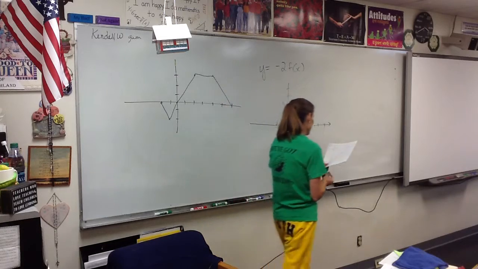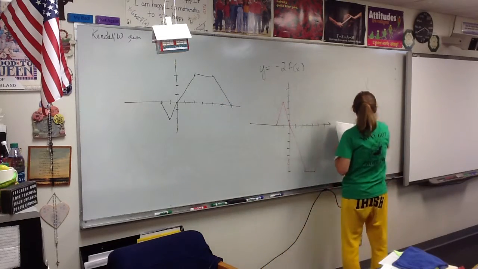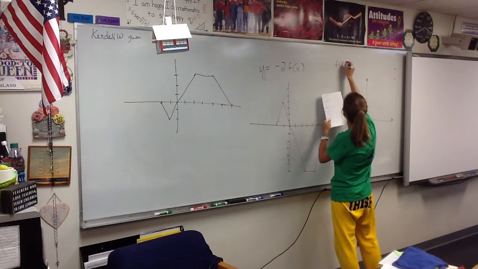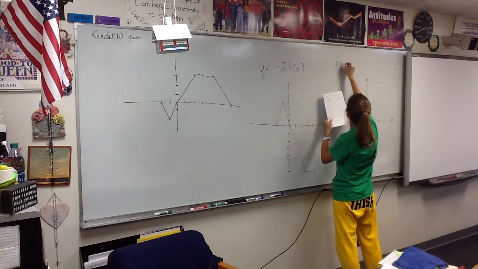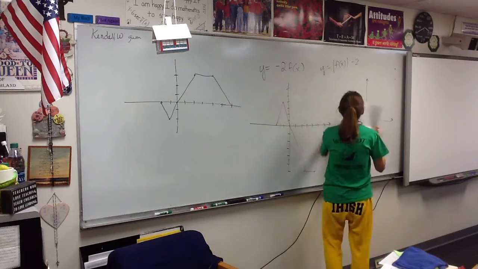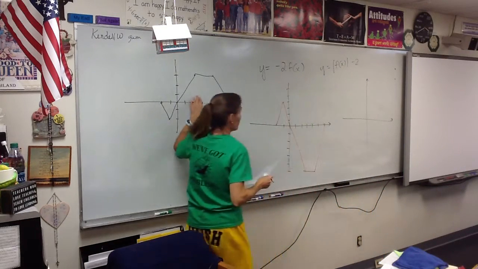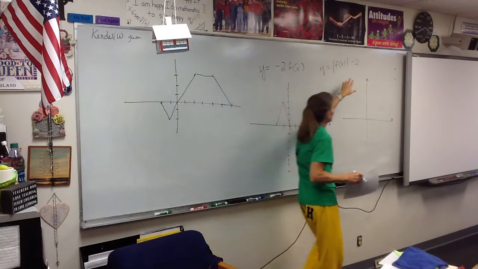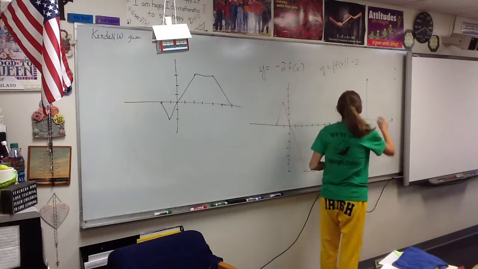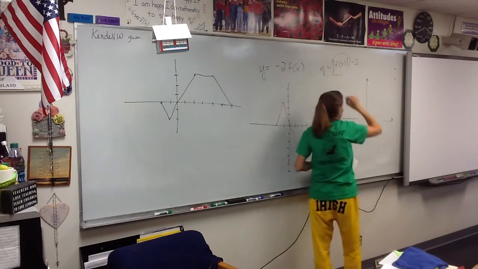All right, B. Now there's a lot going on in B. We're taking the absolute value of the original picture and then doing what to it? Down 2. All right, so this is what Moses was asking about earlier.